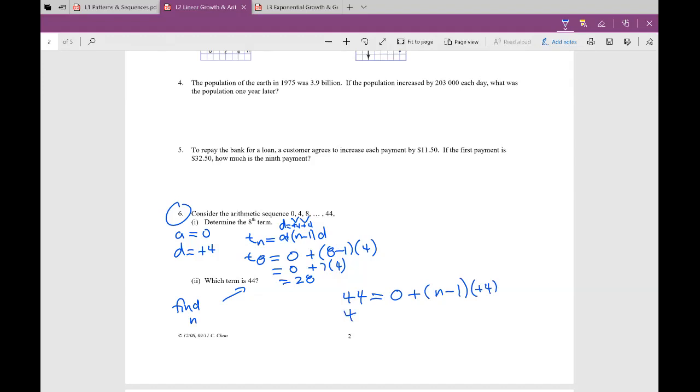Doing some algebra, 44 is equal to, well, 0 is nothing, so we don't have to worry about that. Using the distributive property, 4 times n is 4n minus 4. Add 4 to both sides, which is 48 equals 4n. And then n equals 12. Therefore, the 12th term is 44. Could you also check? Absolutely.